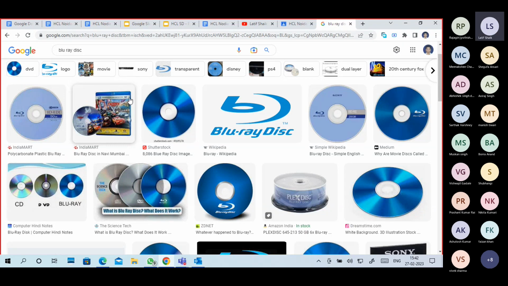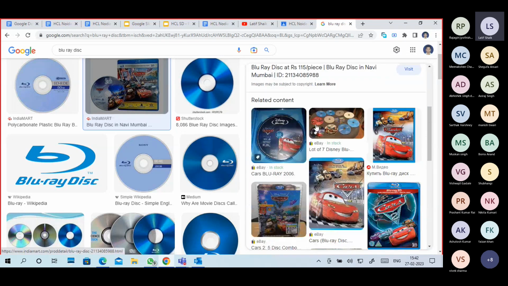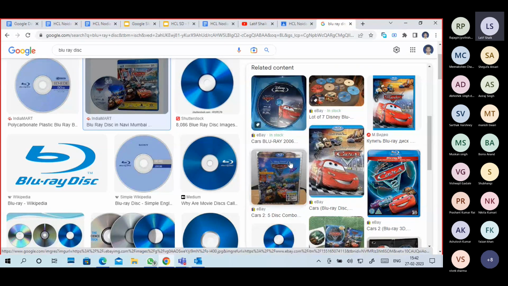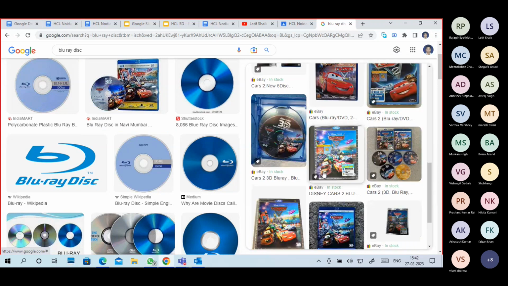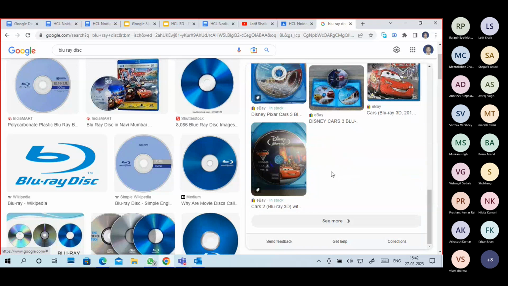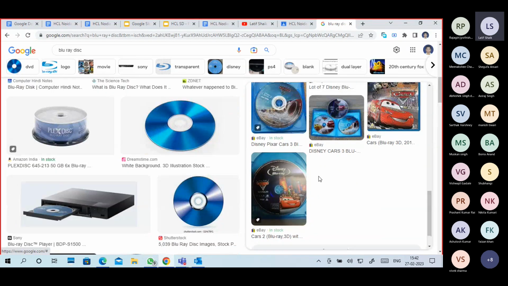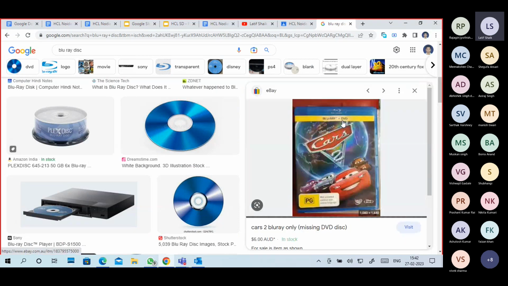But for gaming, videos, PS4, PS5, Xbox, they use Blu-ray because it's simple to store. It's a read-only type, so once they burn it, there is no change in it. That's the point of using a Blu-ray.